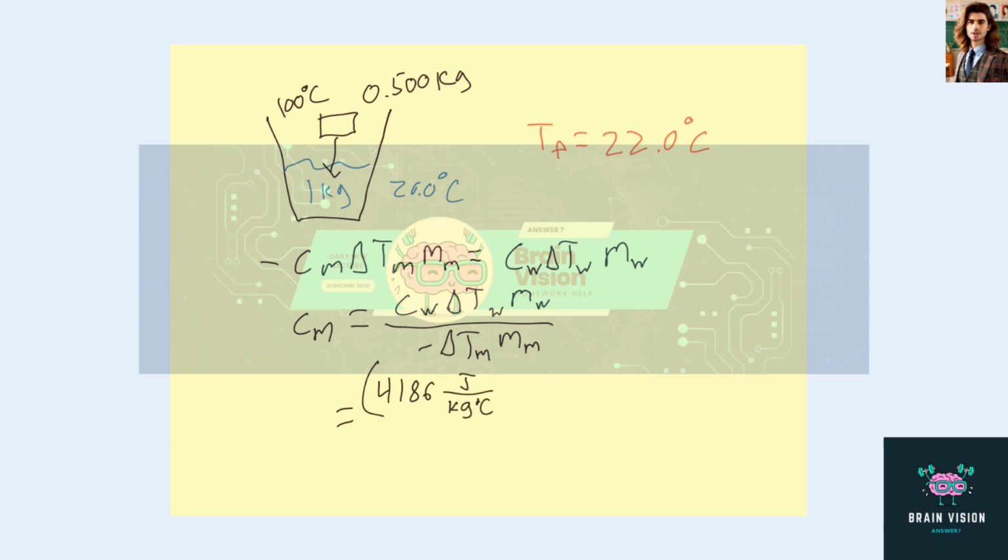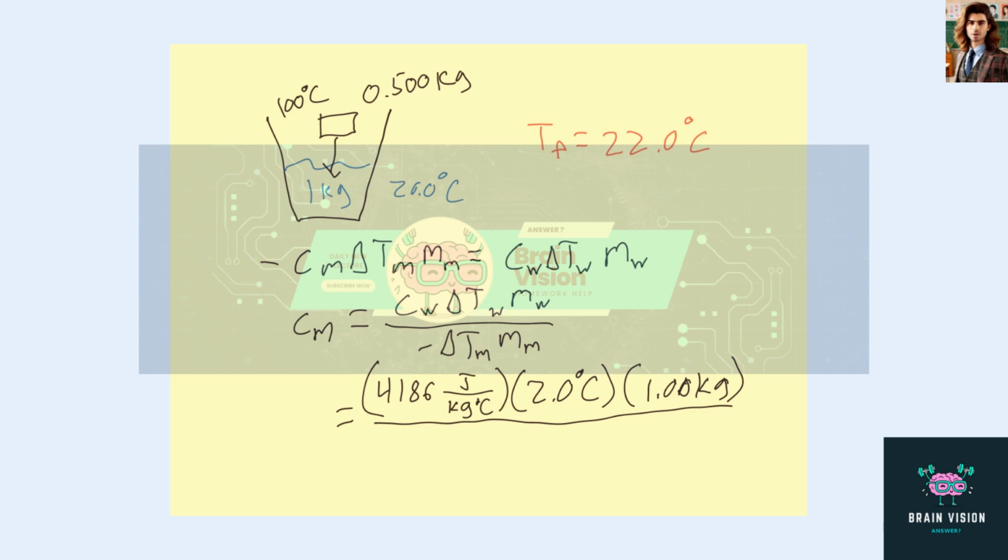That's specific heat of water, times the change in temperature, went from 20 degrees to 22 degrees. So that's just going to be 2.0 degrees Celsius. And then we also have the mass of the water given as 1 kilogram. It's going to be 1.00 kilograms. Dividing by the negative change in temperature of the material, we're going from 100 to 22, so the change in temperature was 78 degrees, but that is negative 78 degrees, so the double negative gives us a positive.